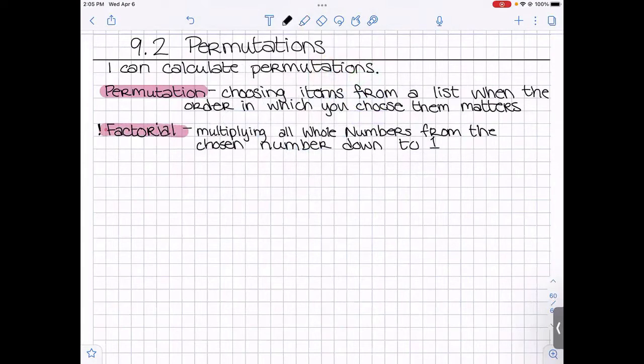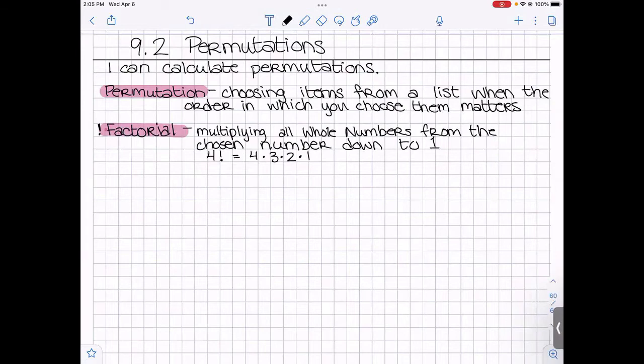Okay, so for example, if the chosen number is 4, 4 factorial is just 4 times 3 times 2 times 1. So whatever number you're at, you multiply all the numbers below it. Okay? So those are the 2 words we need to know.